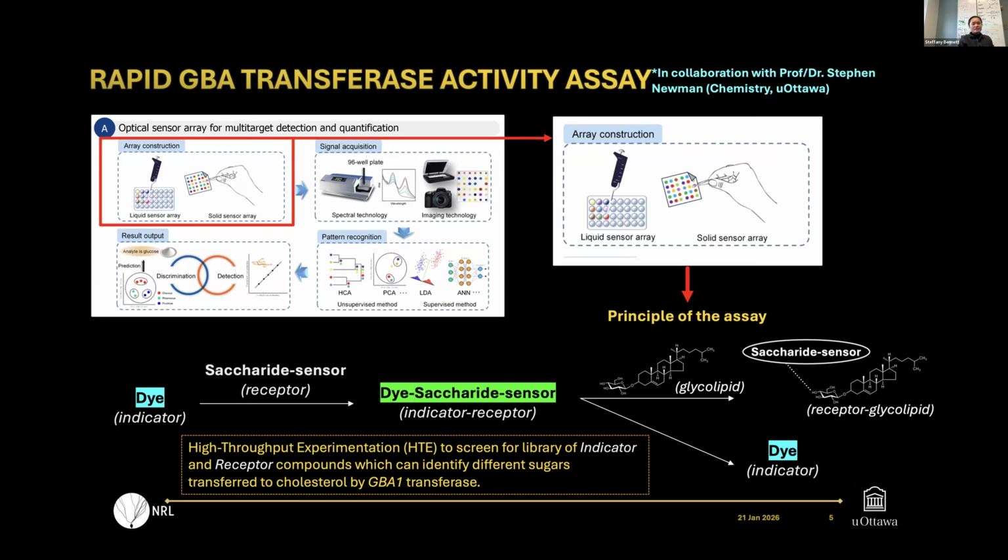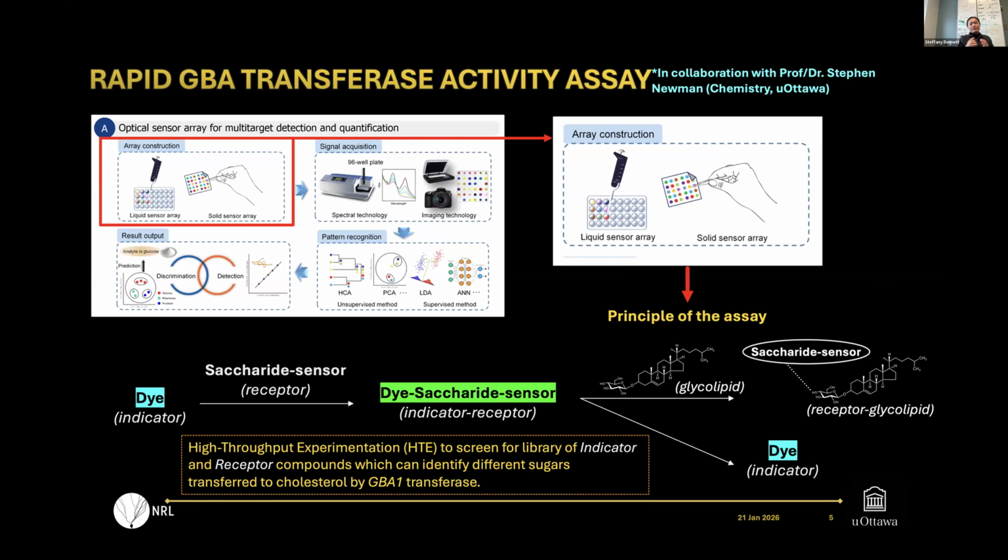The principle of this assay is as follows. The assay is composed of an indicator, which is a dye. It is also composed of a receptor, which has binding affinity to the dye and also to the sugar head group on our glycolipids, for example, glucose on glucosylcholesterol.